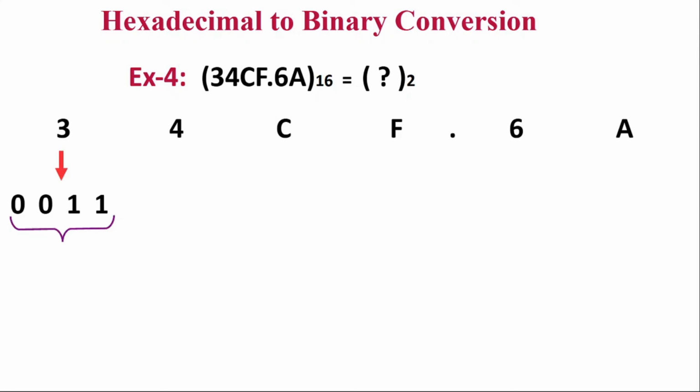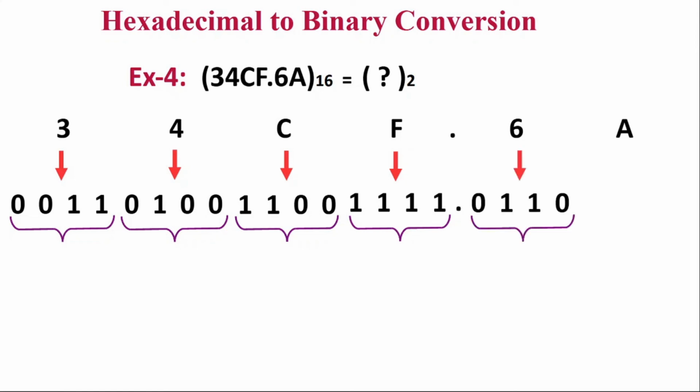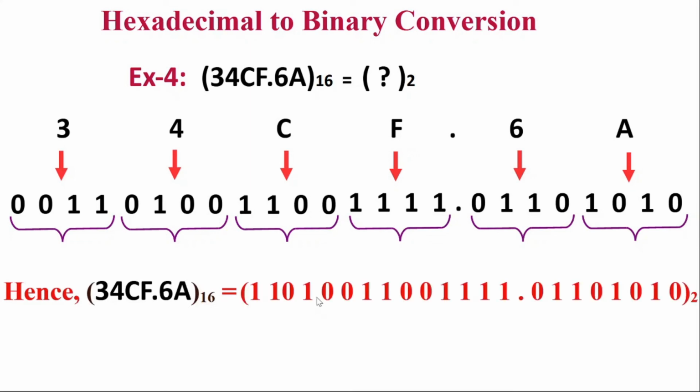And if we do that, for 3 we can write 0011, for 4 we can write 0100, and for C we have 1100, for F we have 1111, then the binary point, and for 6 we have 0110, and for A we have 1010. So this is the binary equivalent of the hexadecimal number 34CF.6A.